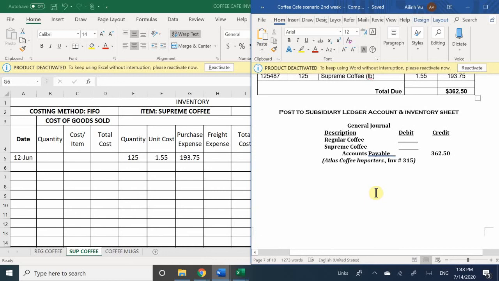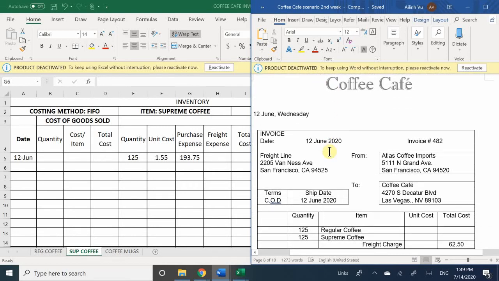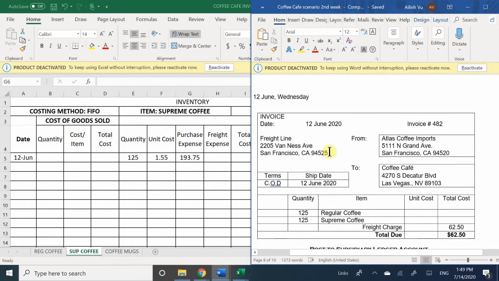So we've already journalized our transaction, and we already had our accounts payable. The next thing it says is that we got a shipping charge that we had to pay in advance with cash. It's cash on delivery, from the vendor Freightline.